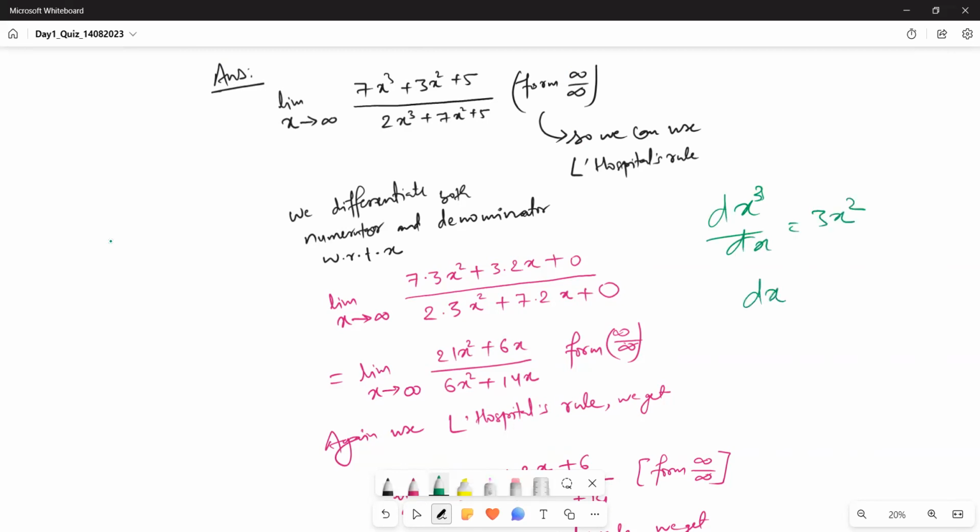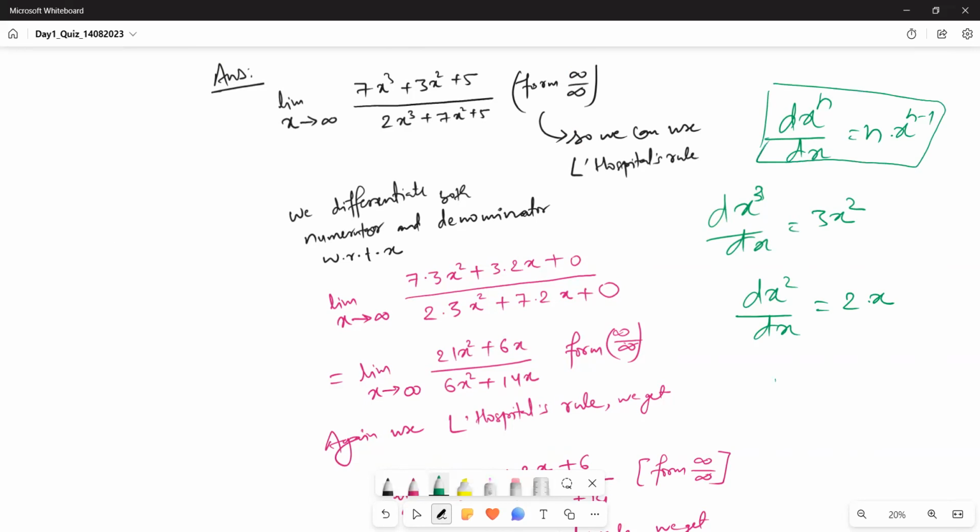When you differentiate x square with respect to x, you get 2x, because the derivative formula we are using here is d/dx of x to the power n is equal to n times x to the power n minus 1, right? And the derivative of any numerical constant is 0. So note it down, just for your recall I am saying.